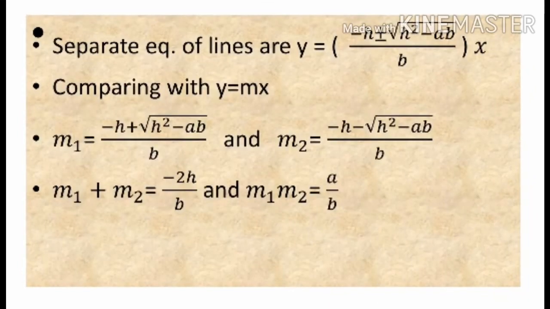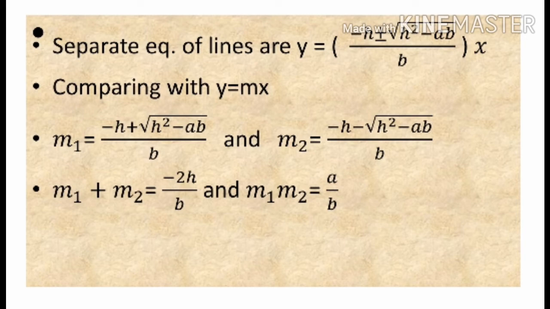The separate equations of lines are y = ((−h ± √(h² − ab)) / b) x. Now in some examples you have to use this formula to find the separate equations of lines in the joint equation ax² + 2hxy + by² = 0.